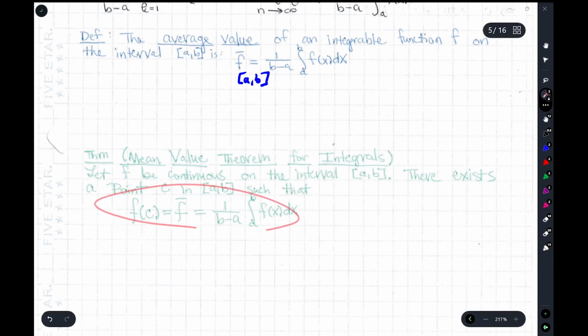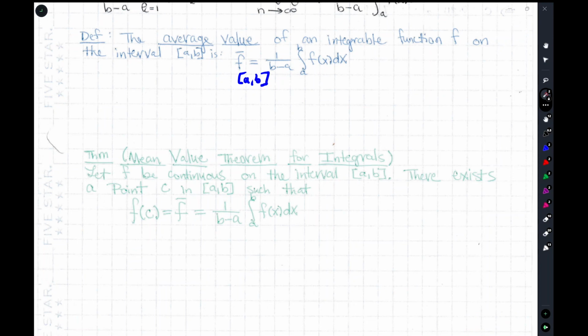Well, here we're saying something slightly different, right? We're saying that if f is continuous on the interval [a, b], there is some point c inside [a, b] such that the value of f at c is equal to the average value of the function.